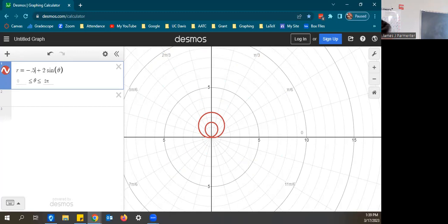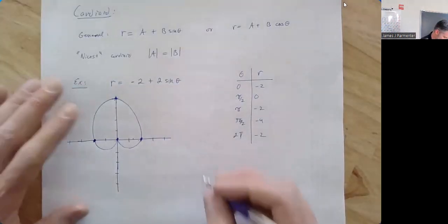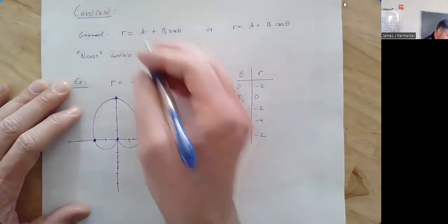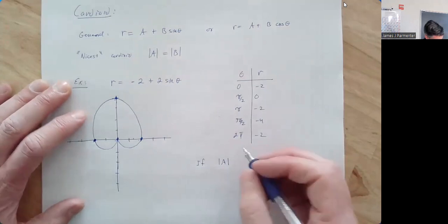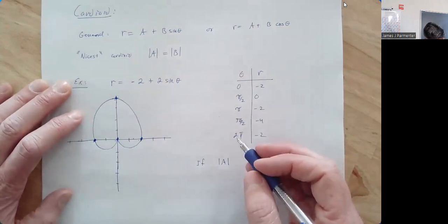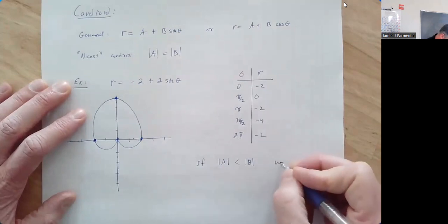Yeah. So what I have noticed is that, basically, it deforms in one way or the other. So if the absolute value of A is, I have to think about this for a second, smaller than the absolute value of B, we get a loop.